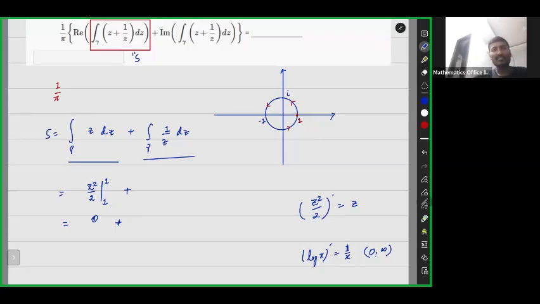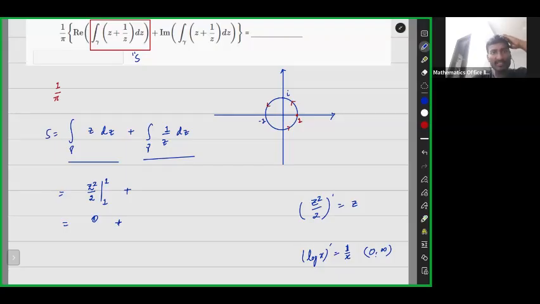But here in the complex plane, wherever this gamma is given, 1 by z has no antiderivative. Simply, logarithm is actually not well defined on the complex plane.